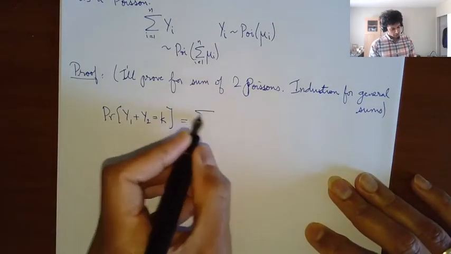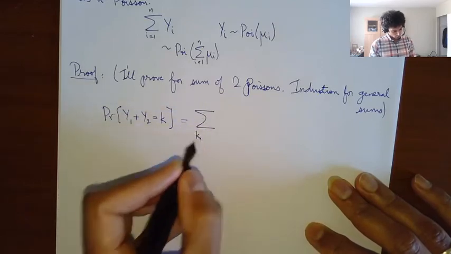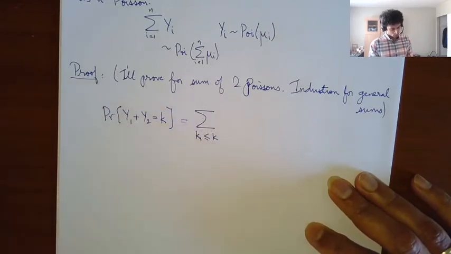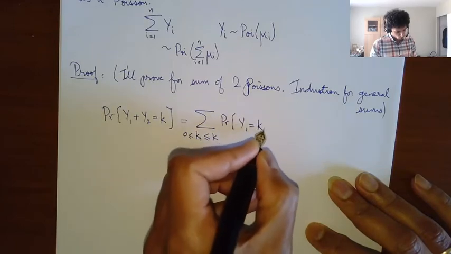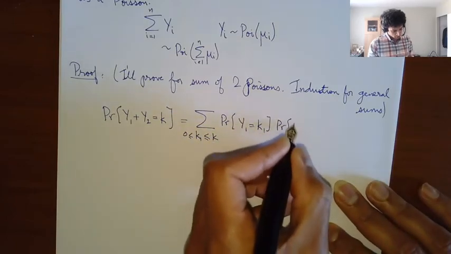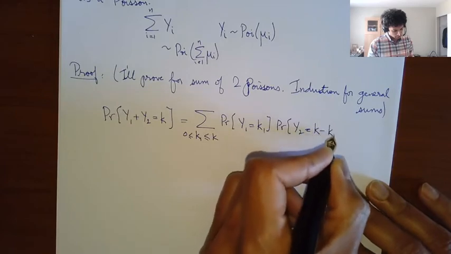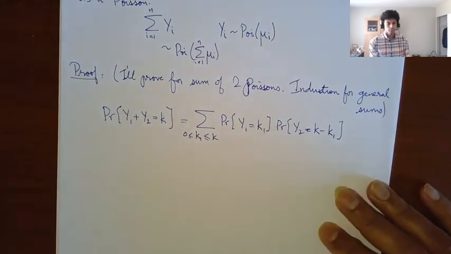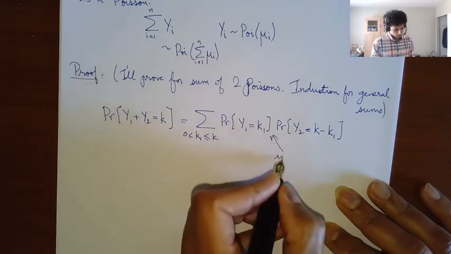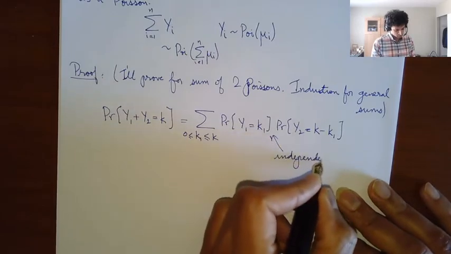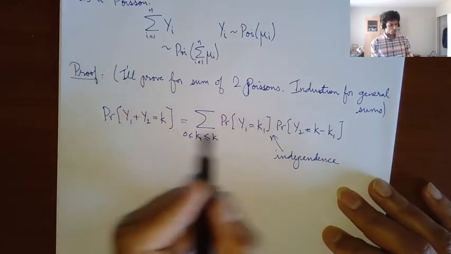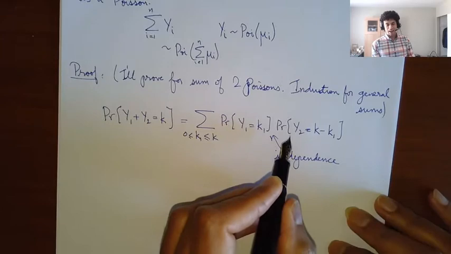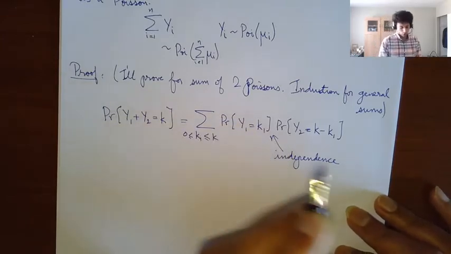I can write this as the sum over all k1 between 0 and k of the probability that y1 is equal to k1 and the probability that y2 is equal to k minus k1. And this is where I used independence, because I broke the probability that y1 is equal to k1 and y2 is equal to k minus k1 as the product.